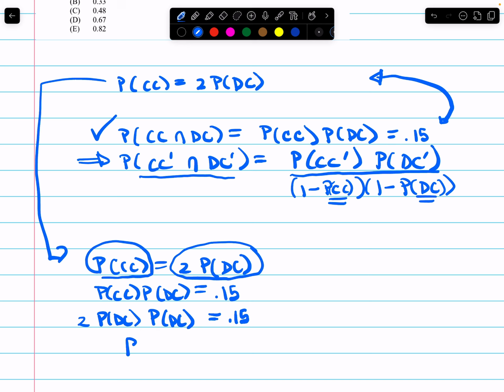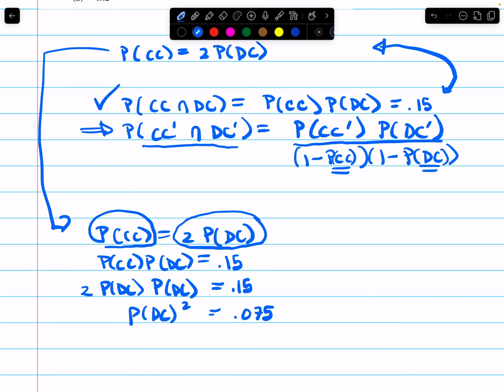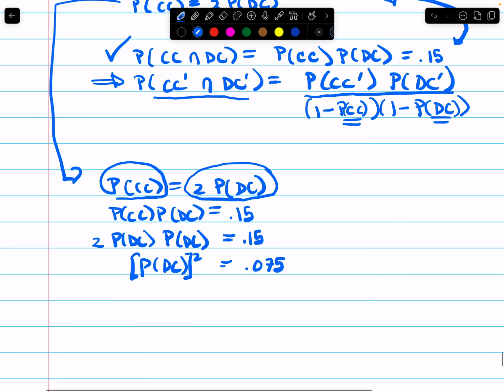Or P of DC squared is equal to 0.075. Now let's put that in parentheses. Taking the square root of both sides, you get the probability of DC is equal to 0.27386 and so on. So we'll just say 9 right there.